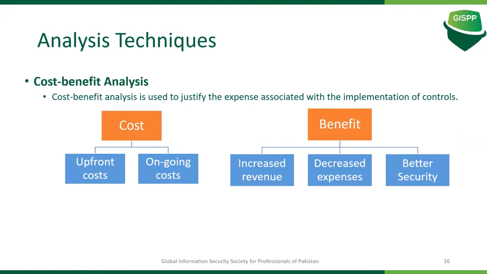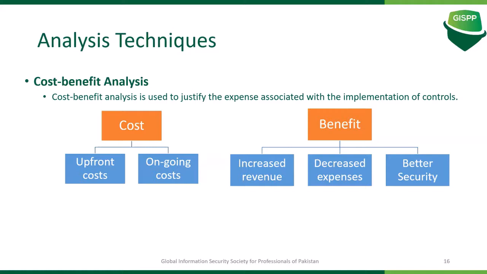So when we are doing cost benefit analysis, there are so many factors that come in. When you're talking about the cost for the business, there is upfront cost, like evaluation of solutions, cost of the control, cost of training, and many things.